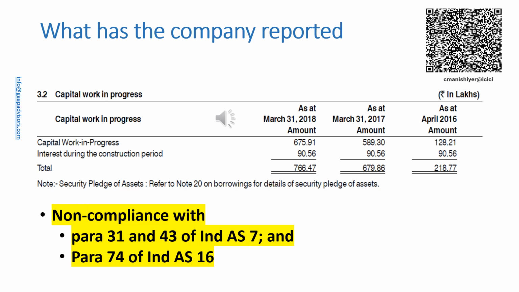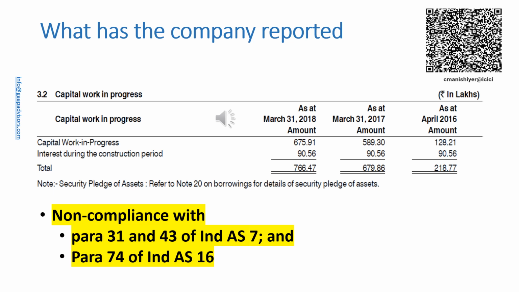Para 31 of Ind AS 7 requires interest paid to be reported as cash flows from financing activities. Para 32 of Ind AS 7 clarifies that the total amount of interest paid during a period is disclosed whether it has been recognized as an expense in profit or loss or capitalized in accordance with Ind AS 23.